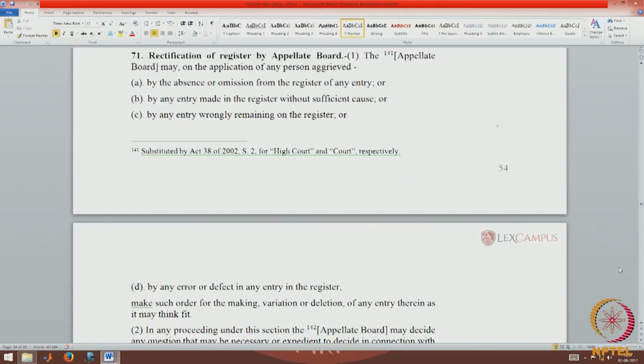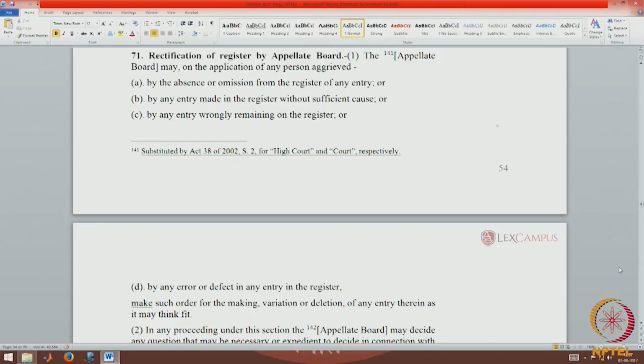There are limited provisions which we had already seen, but for any person who is aggrieved and not connected with the patent in any way, to get the register rectified, the only procedure is to approach by way of a petition filed before the appellate board. Now, what are the grievances for which a person can approach the appellate board? They are mentioned in section 71(1).